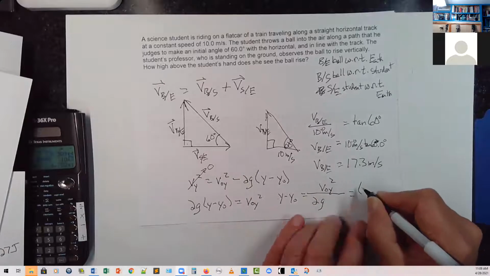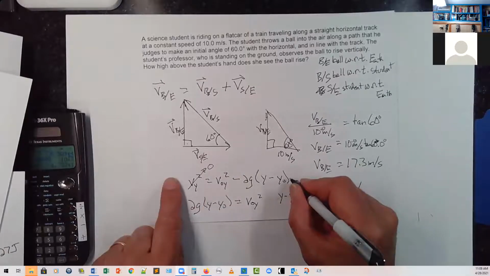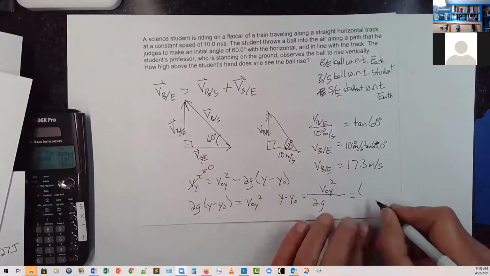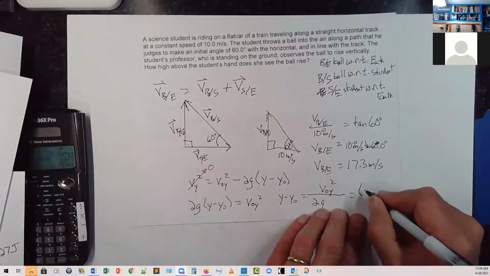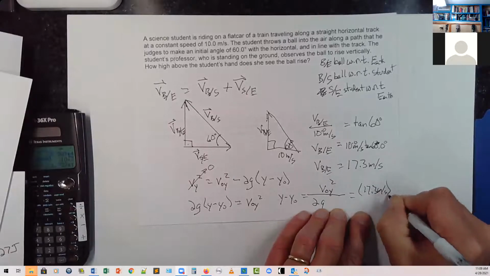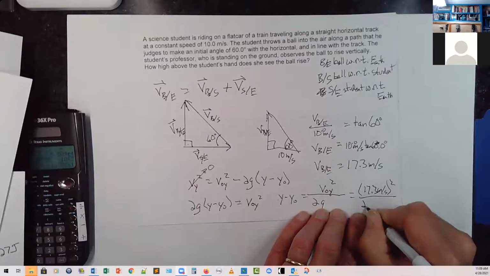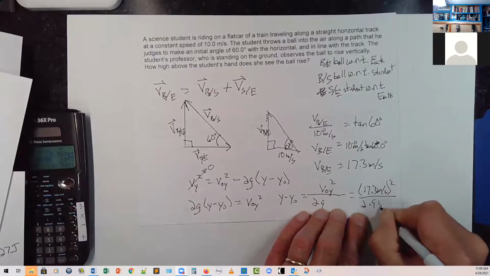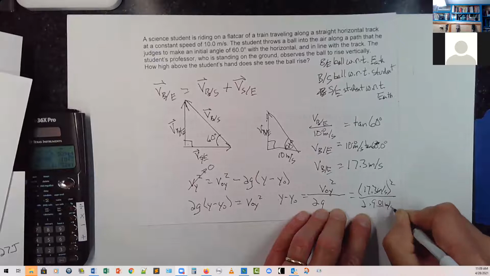This just happens to be the form that it takes on your formula sheet, but this is what I called it here. Okay, which is going to be 17.3 meters per second squared divided by 2 times 9.81 meters per second squared.